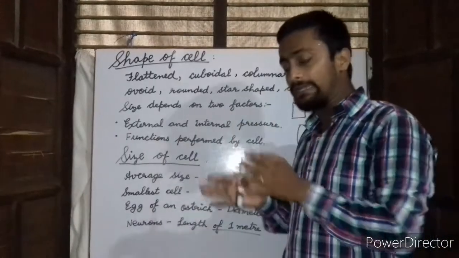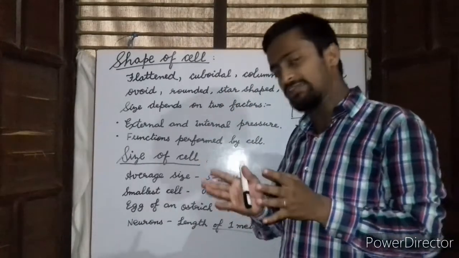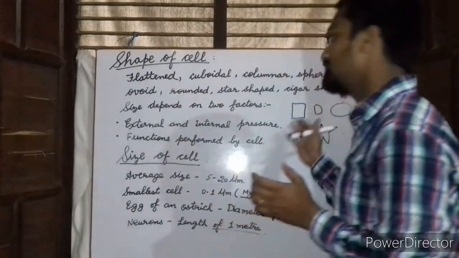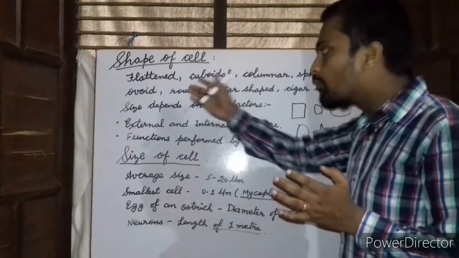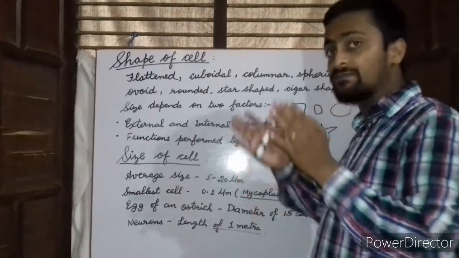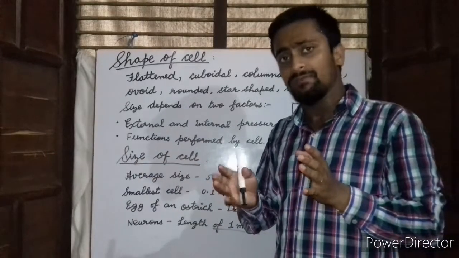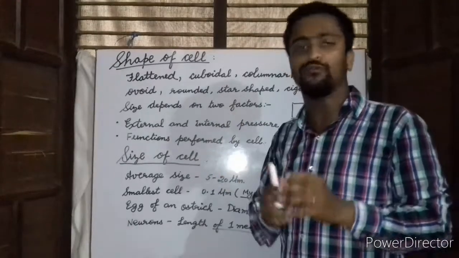Now, we will be dealing with the shape of the cell. How does a cell look? Actually, the cells have different shapes. It may be flattened, cuboidal, columnar, spherical, ovoid, rounded, star-shaped and cigar-shaped, etc. Which means a cell may have different shapes, and the shape of the cell usually depends on two factors.